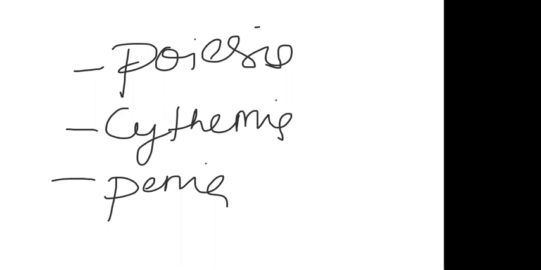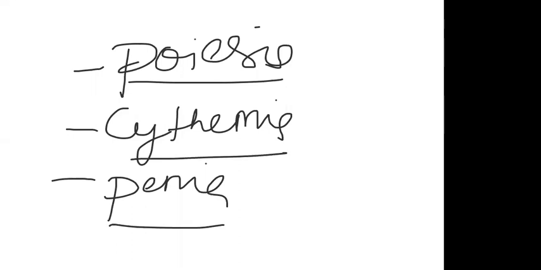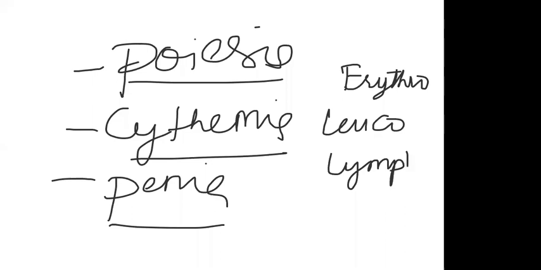That's why I am requesting you to remember these suffixes. And the frequent words will come here: erythro always indicates RBC, leuco always indicates WBC, lympho particularly means lymphocytes, and thrombo indicates platelets. If you remember all these 4 plus 3, the 12 definitions, you will be able to answer.